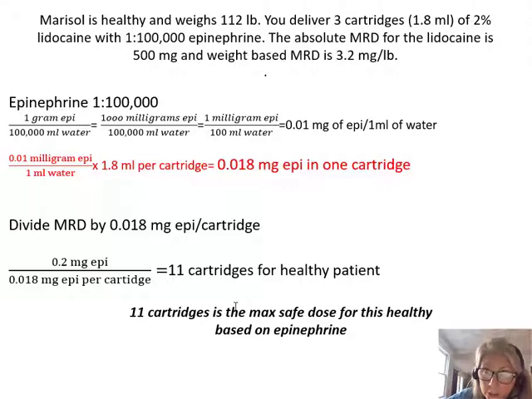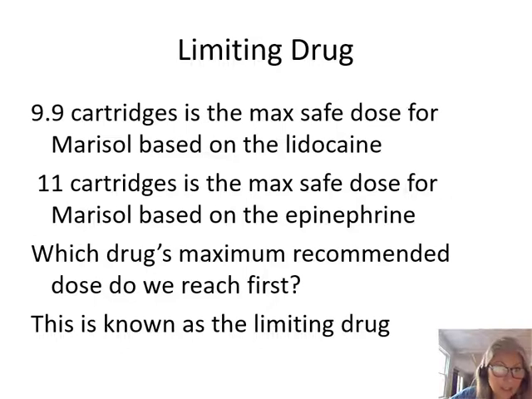So 11 cartridges is the maximum safe or recommended dose for this healthy patient based on epinephrine. So 9.9 cartridges is the maximum safe or recommended dose for Marisol based on the lidocaine. 11 cartridges is the maximum safe or recommended dose for Marisol based on the epinephrine.